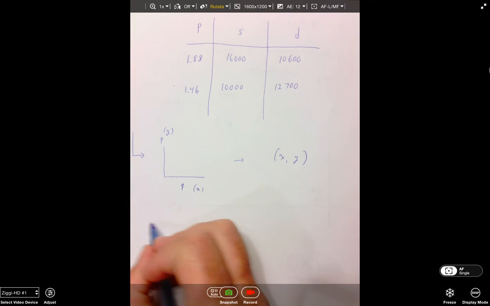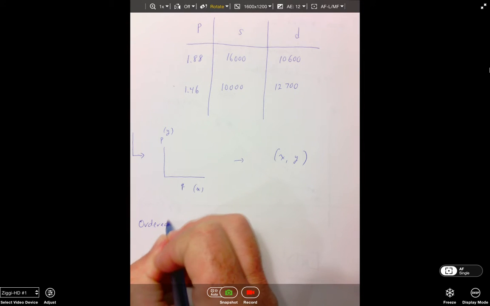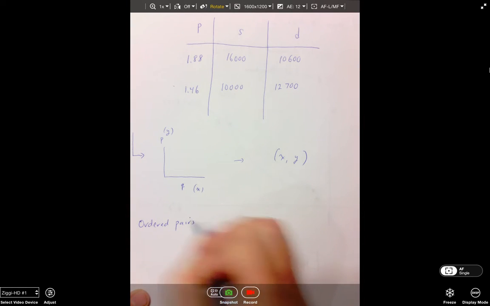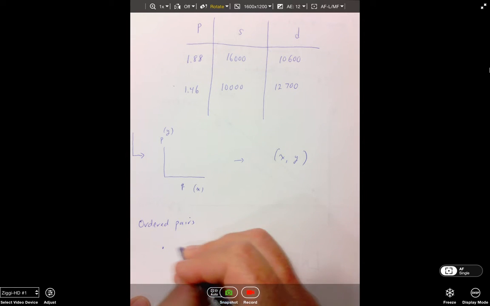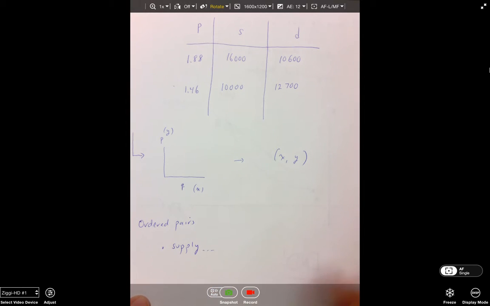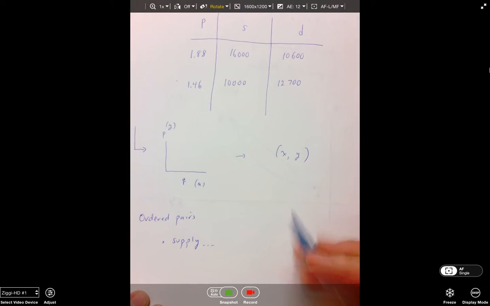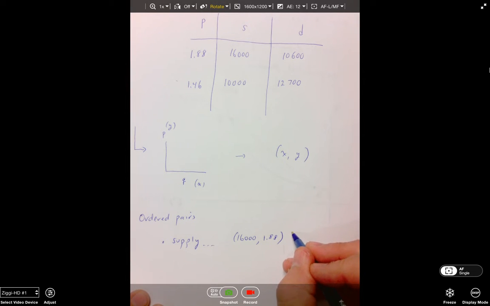So ultimately, the ordered pairs for the supply are 16,000, $1.88, and 10,000, $1.46.